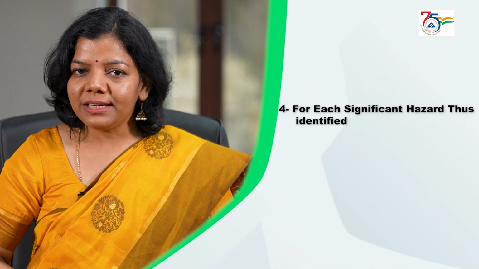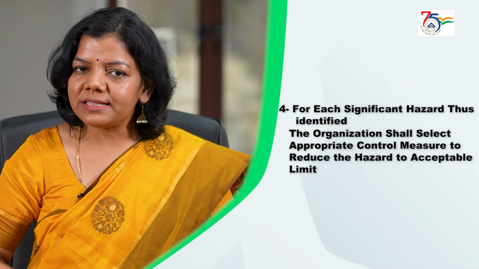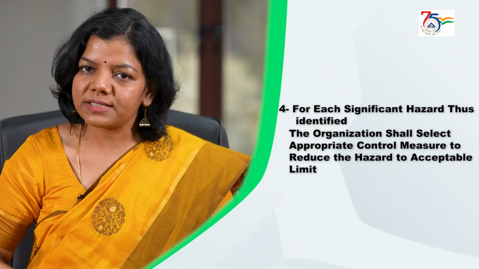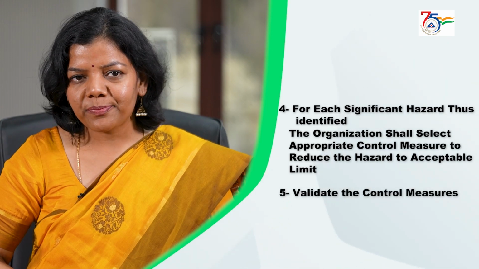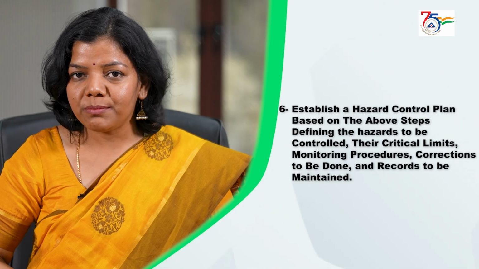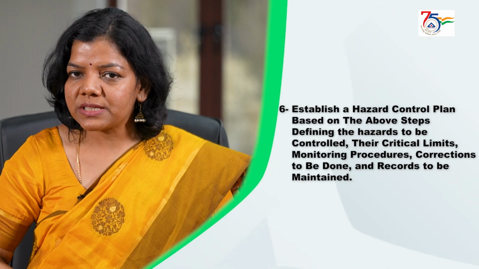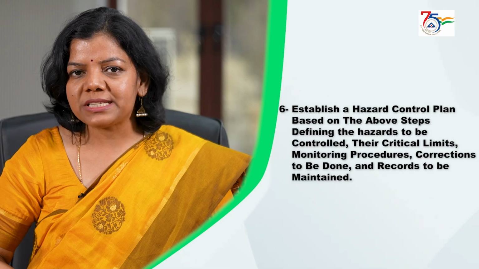Fourth, for each significant hazard thus identified, the organization shall select appropriate control measures to reduce the hazard to acceptable limit. Fifth, validate the control measures. Sixth, establish a hazard control plan based on the above steps, defining the hazards to be controlled, their critical limits, monitoring procedures, corrections to be done, and records to be maintained.